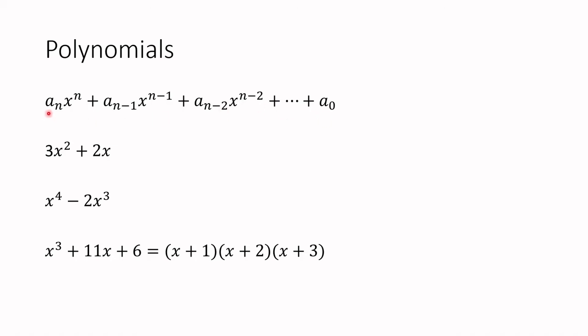They take the form of a subscript n times x to the power of n, plus a subscript n minus 1 times x to the power n minus 1, and the same all the way down to a subscript 0. I keep saying subscript n, and it would rather be just referred to as a n times x to the power of n, but I'm saying subscript just to clarify that these two start on different levels.